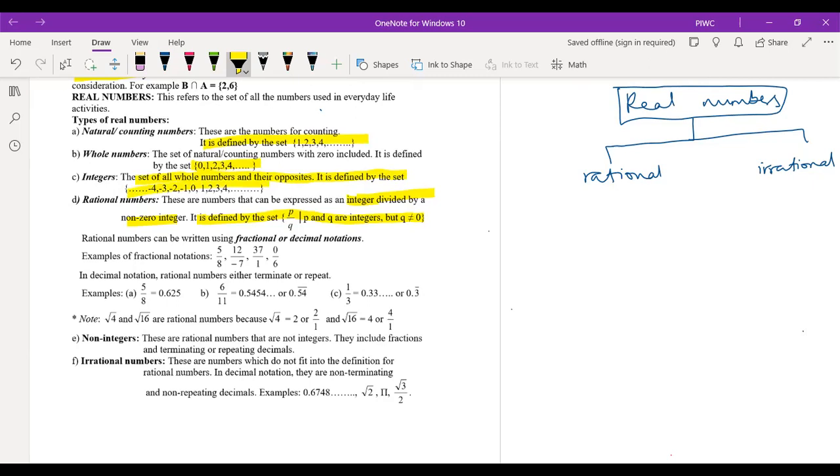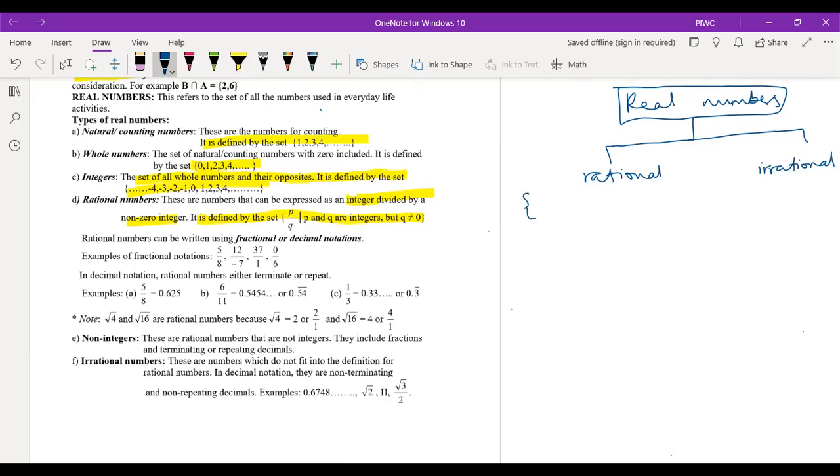So now we can define the rational number very well. P over Q are integers. That means they could be whole numbers and their opposites: positive numbers, negative numbers, or 0. So that's the definition for rational numbers.